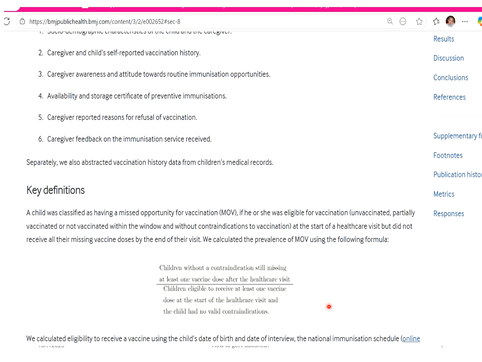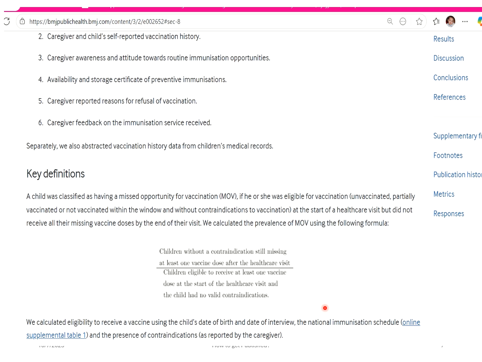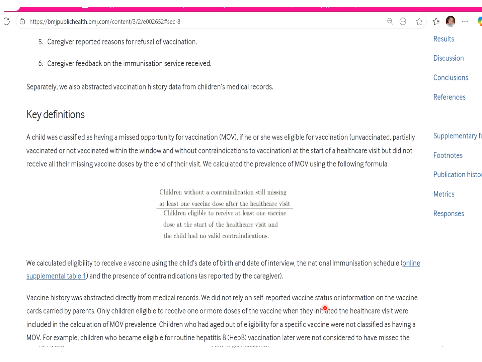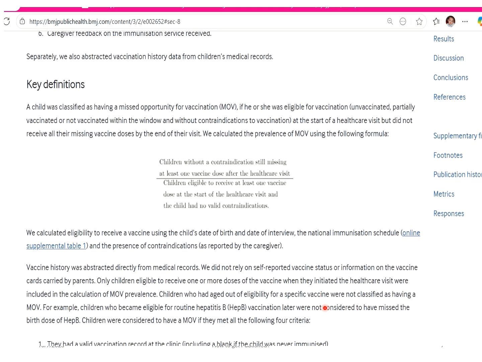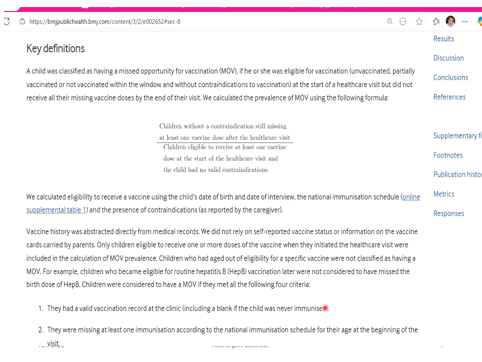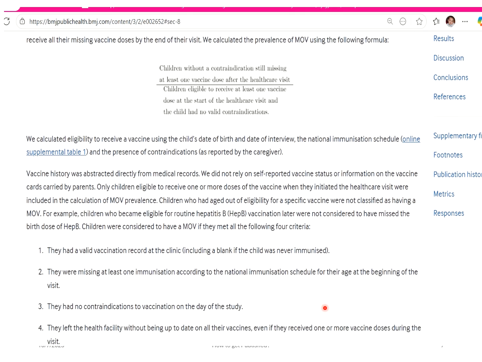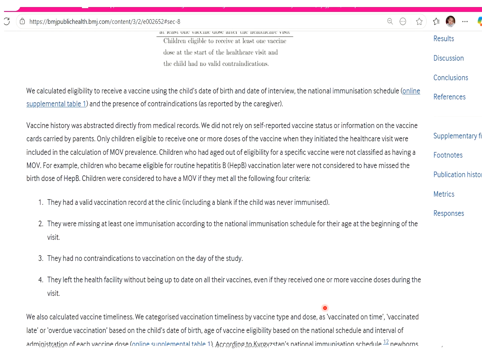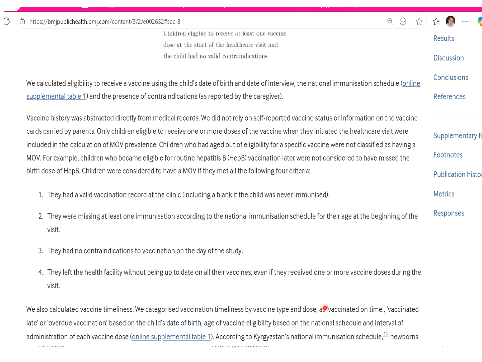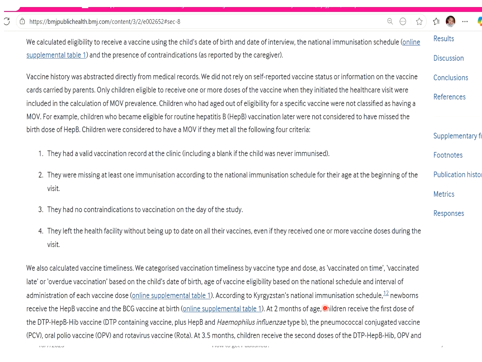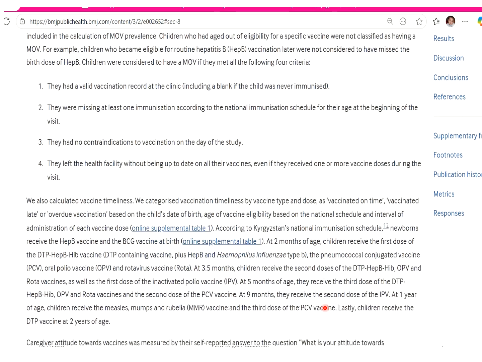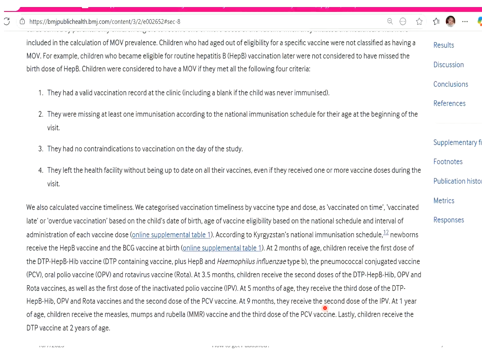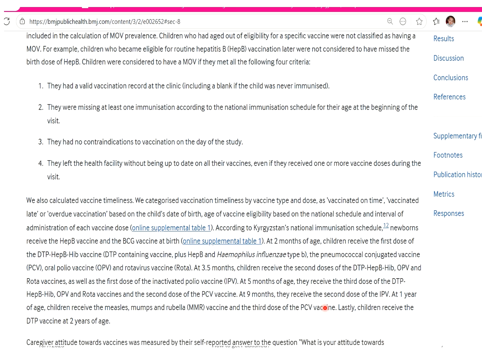So another important thing, what is an operational definition? An operational definition is when you modify some definition according to your context, according to your study. For example, knowledge about dengue in my study will be assessed differently. I might give 10 questions to assess the knowledge about dengue.